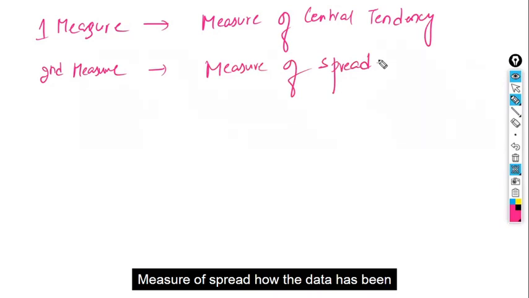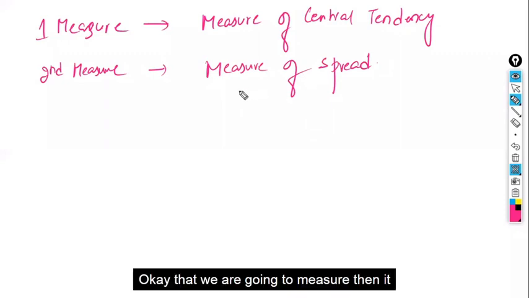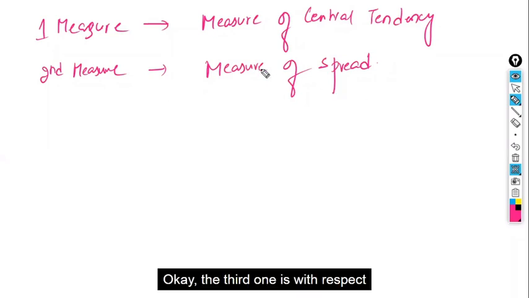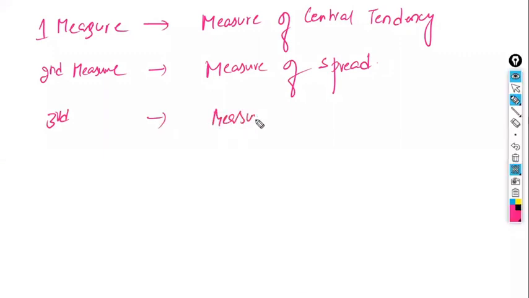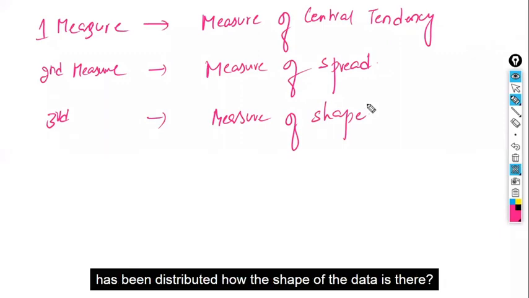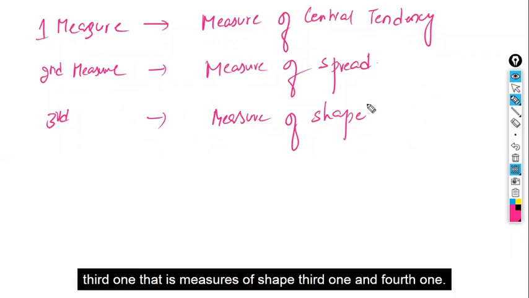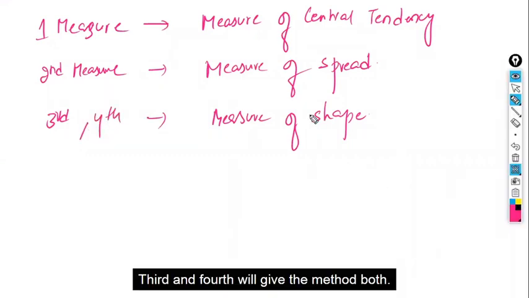Measure of spread: how the data has been spread is what we are going to measure, whether the data has a large spread or a small spread. Then it is called measures of spread. The third one is with respect to shape. Measures of shape: how the entire shape of the distribution of the data is, how the data has been distributed. Third and fourth will give the measures of shape, both.